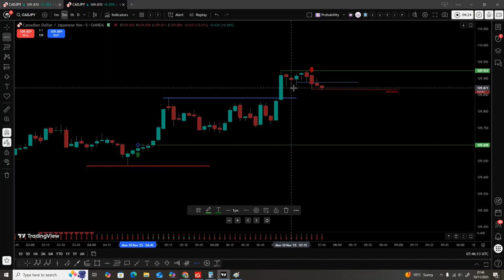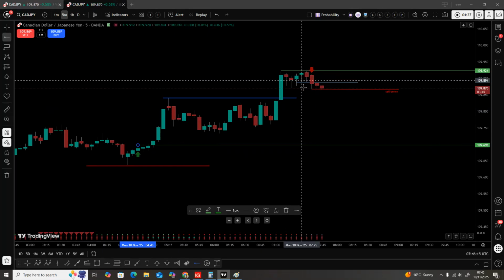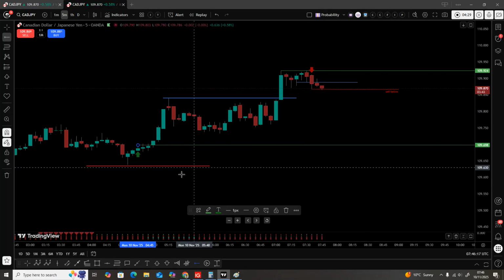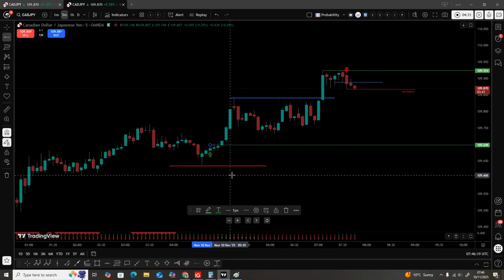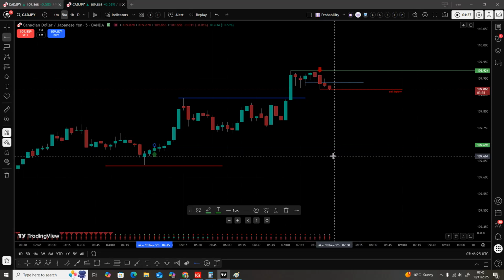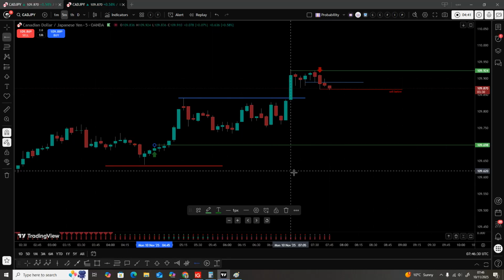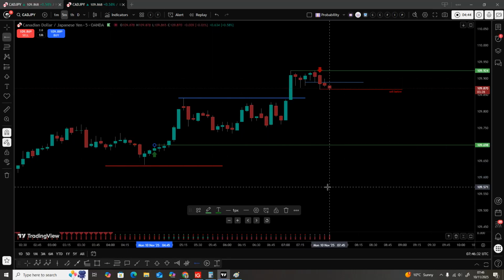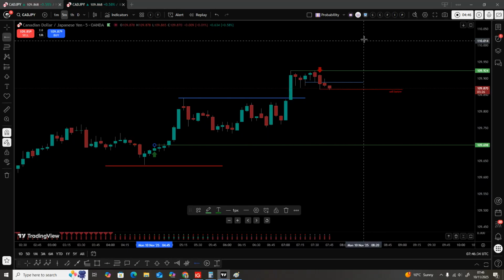If there's no conviction, there will be a failure, and that is the setup we have here. The same thing applies to the downside. If a low is broken and there's no follow through at the low, that means the sellers are not showing conviction. Therefore, they will fail at the low and the price will go back to the upside.